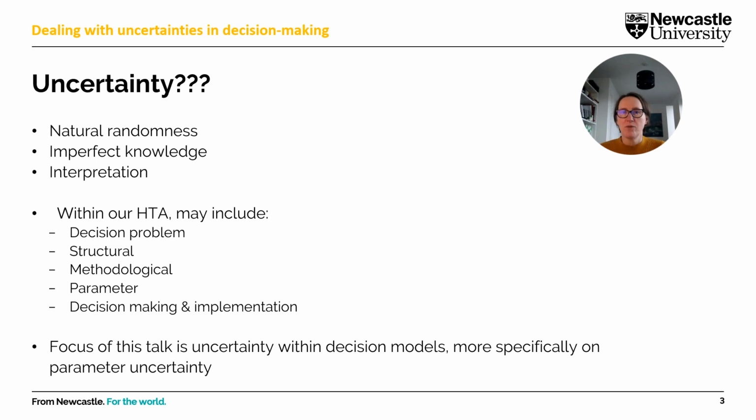Uncertainty can take the form of natural randomness, imperfect knowledge, or broad interpretation. We can characterize natural randomness with more data, and we can reduce imperfect knowledge with the best data. We can also support better, more consistent interpretation through good communication and transparency in our reporting. So there's a lot we can do when we know about uncertainty.